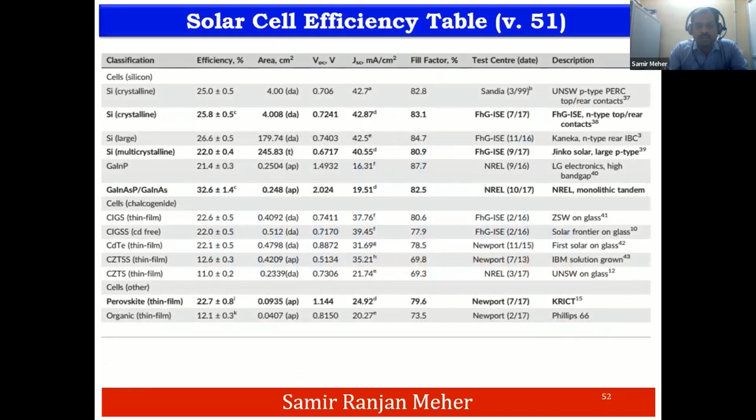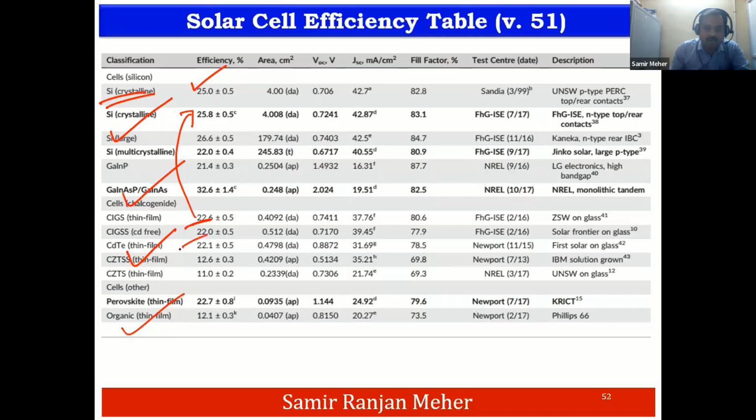So these are the efficiencies of a few conventionally used solar cells, either at research scale or commercial scale. You can see that for crystalline silicon, the efficiency is reported to be around 25%, whereas for CIGS, it is closely matching that of silicon, around 23%.